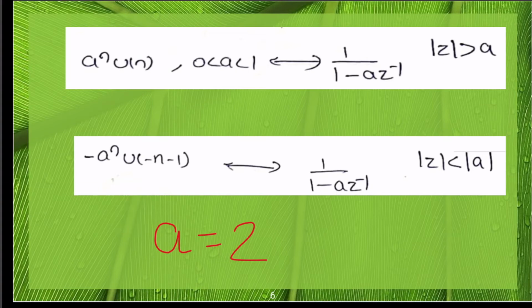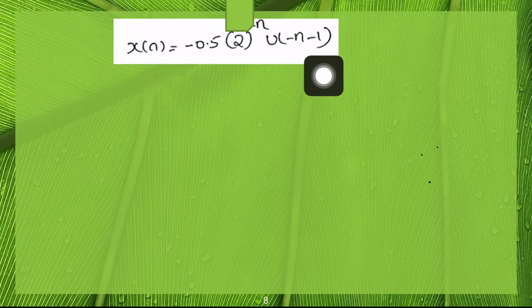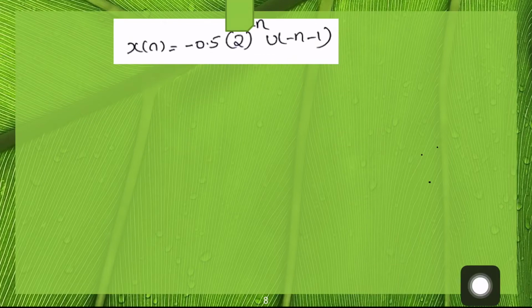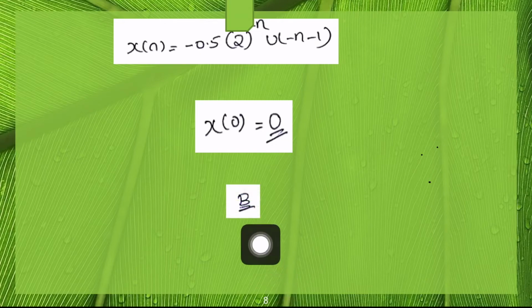So we get x of n as minus 0.5 times 2 raised to n u of minus n minus 1. In the question, we are asked to find the value of x of 0, that is value of x of n at n equal to 0. From this expression, it is clear that x of 0 is 0. Thus, our answer is option B.